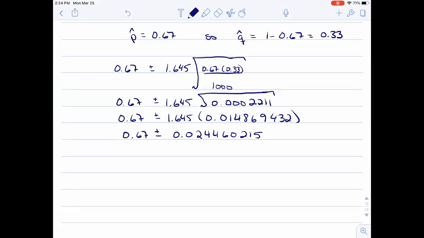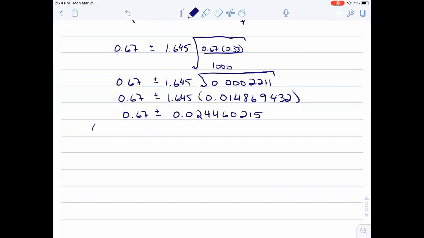And so remembering that we're still talking about proportions, right? So what it's saying is 67% plus or minus 2.45-ish percent, right? So if you want to think about it in percentages, that's fine, but we have to deal in decimals for our calculations.